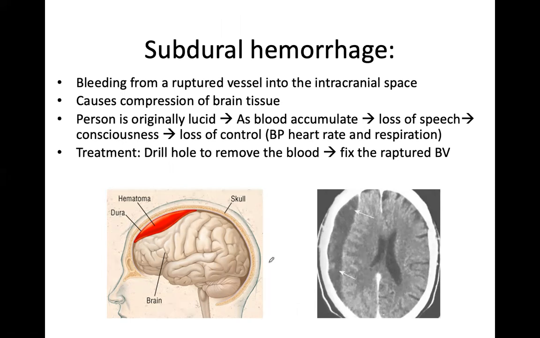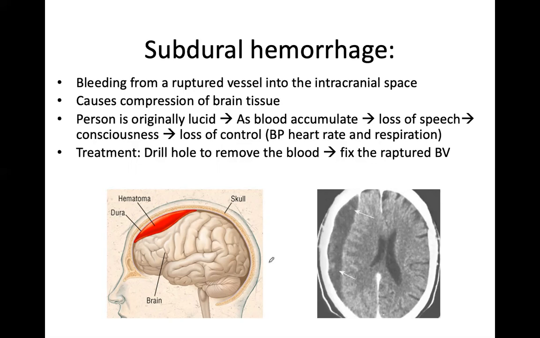Subdural hemorrhage is a result of some sort of force or trauma that causes the rupturing of the blood vessels that are supplying the brain. That causes the blood vessels to leak into the intracranial space, which is basically the space between the skull and the brain.